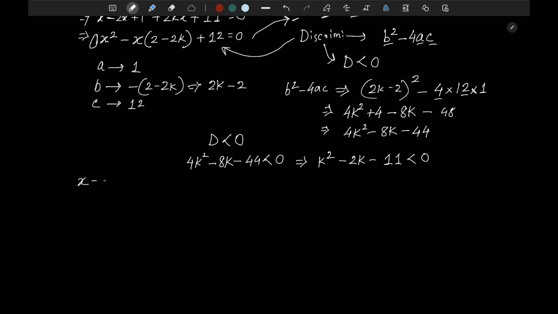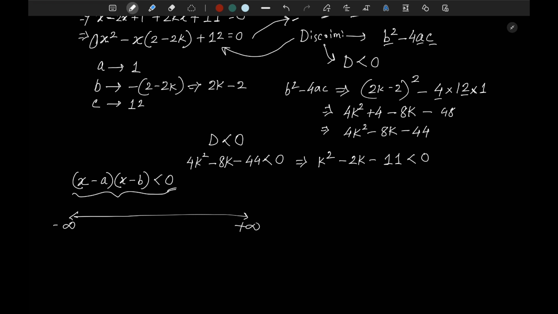Let's say we have an inequation in the form of (x minus a) into (x minus b) less than 0. How do we evaluate the domain of this particular inequation, or the range of the values of x for which this inequation holds true? We draw the number line.